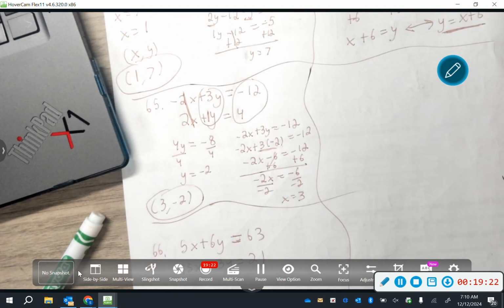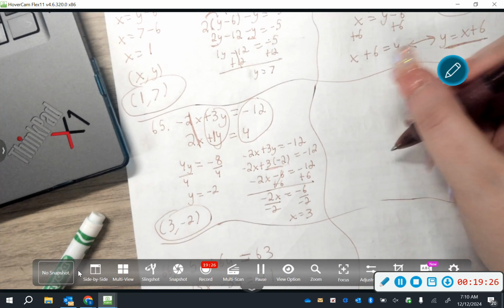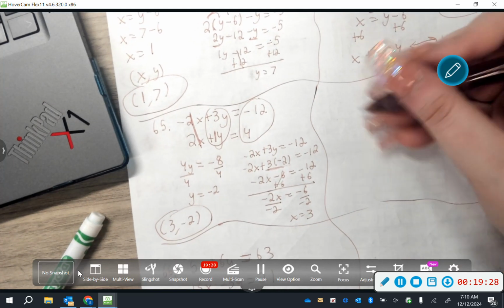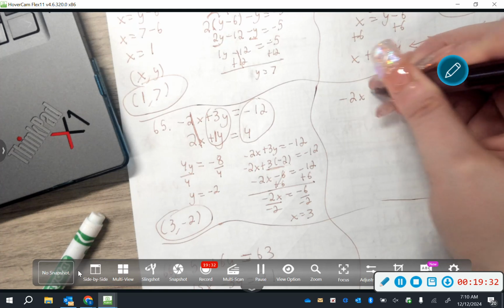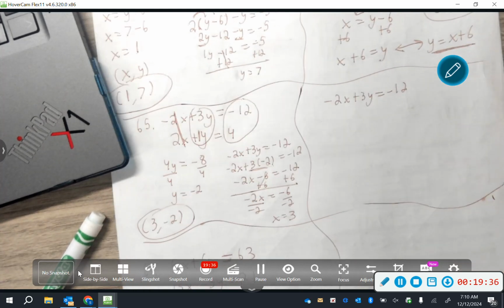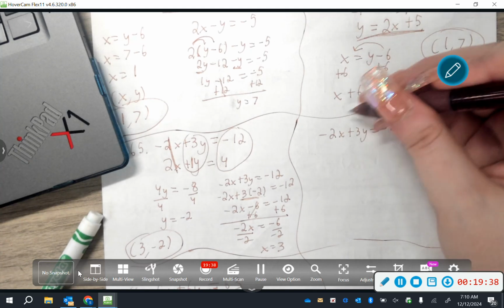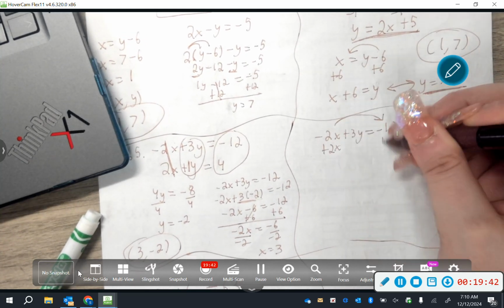If you want to change both to y equals and plug it in, that's always an option as well. Let's say I'm not going to plug it in, but I'll at least help you with the converting part. Negative 2x plus 3y equals negative 12. I need to get the y by itself. The opposite of a negative 2x is plus 2x to both sides.